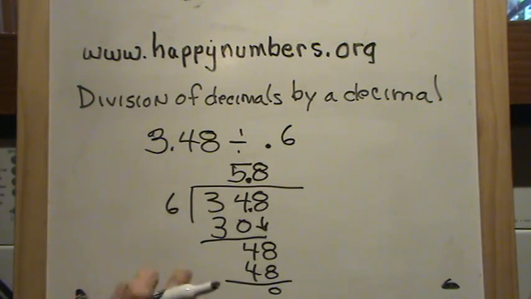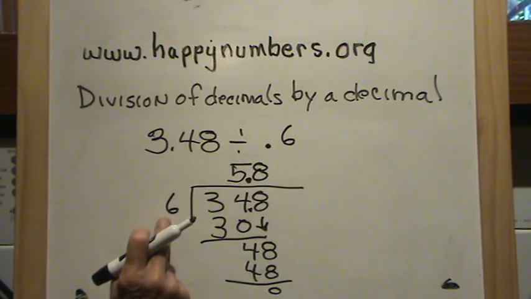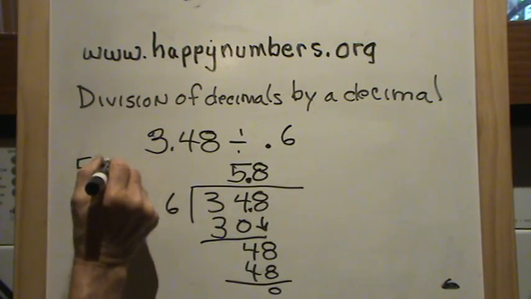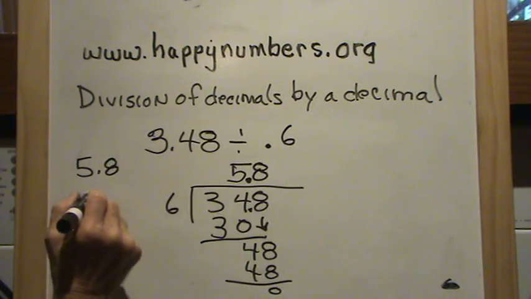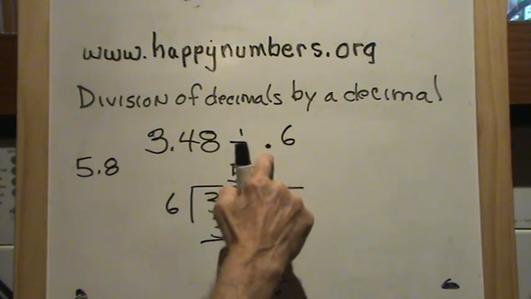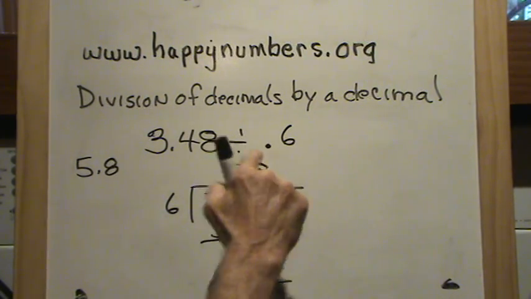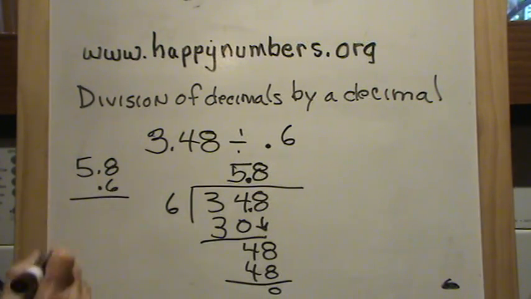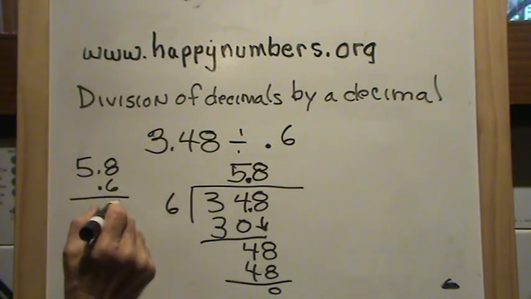Now, it's a good idea to check your answer. And the way you can check your answer is if you multiply the divisor times your answer. So our answer is 5 and 8/10. If I multiply that by our initial divisor, which was 6/10. 6 times 8 is 48.